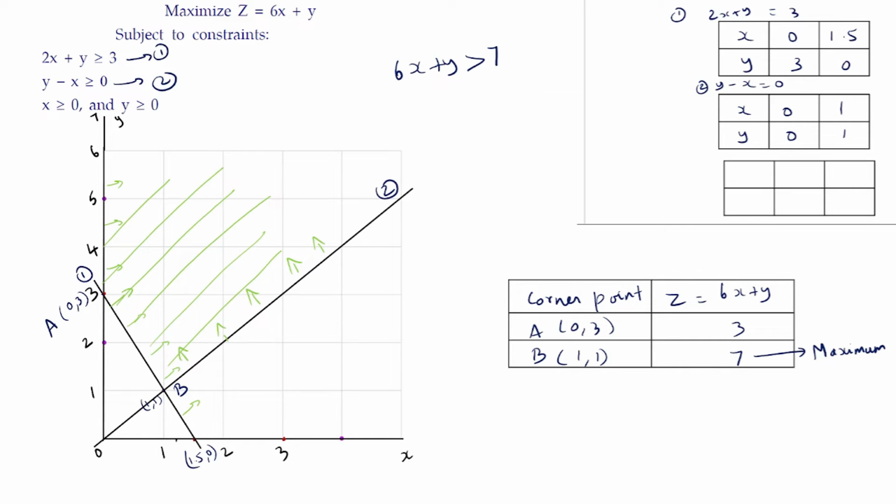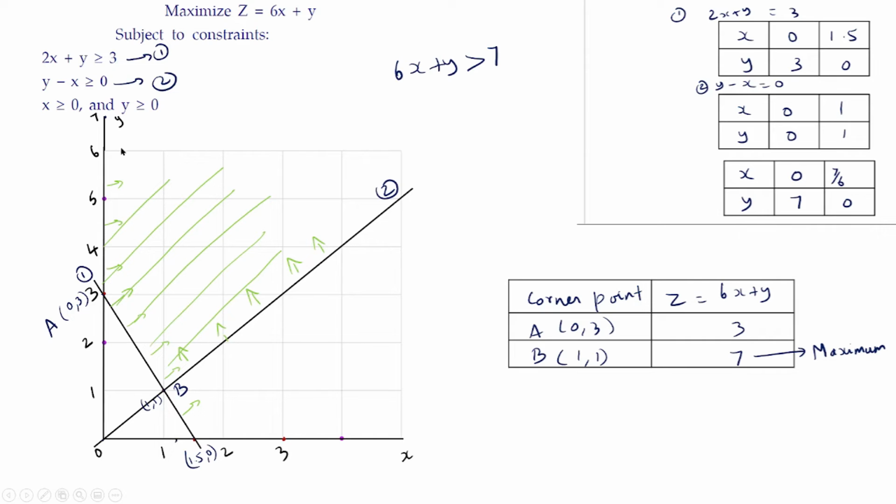So let us draw this line. When x is 0, y is 7, and when y is 0, x is 7 by 6. So here we have (0, 7), and here we have (7/6, 0).